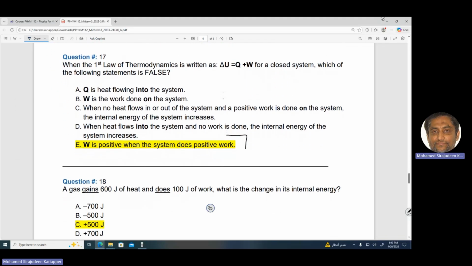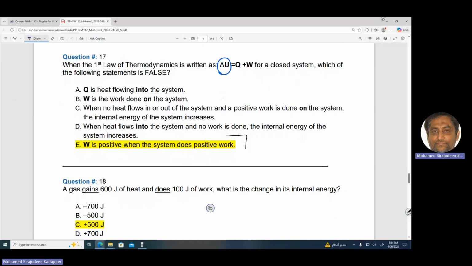Number 17, statement question. When the first law of thermodynamics is written like that for a closed system, which of the following statements is false? When you write it like that, this is the increase in the internal energy, change in the internal energy meaning final minus initial.